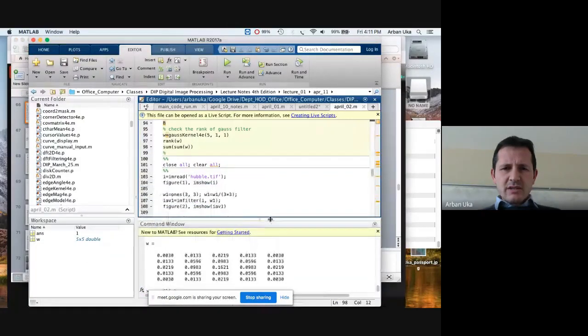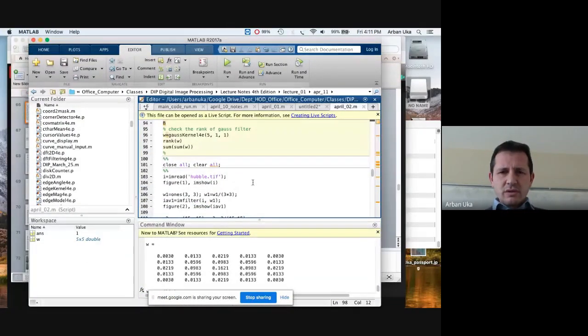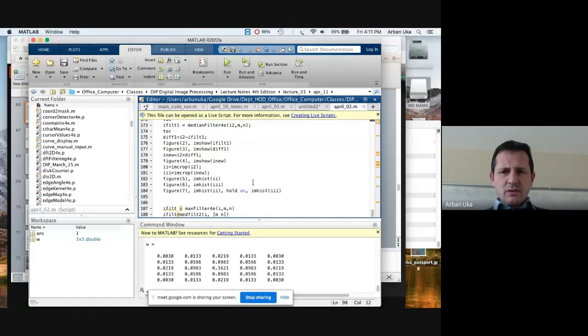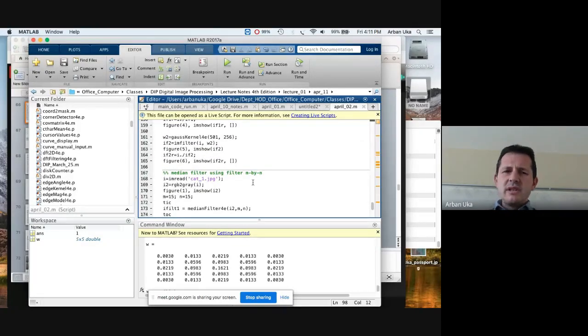So these filters that we saw so far, we call these linear filters, and they are linear filters because they average out certain pixel values, and one of them was Gaussian, the other one was box.